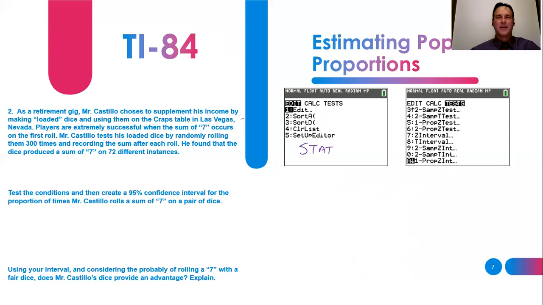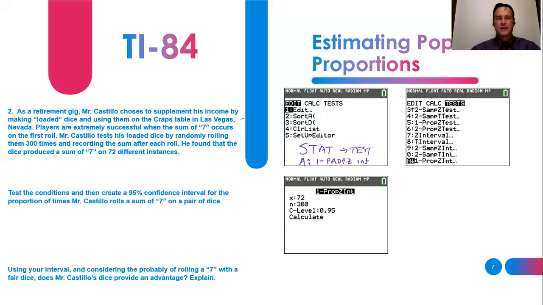Then you go to A. Scroll down past all the numbers until you finally get letters. It's called 1-PropZInterval.